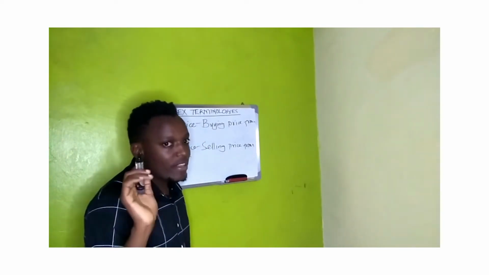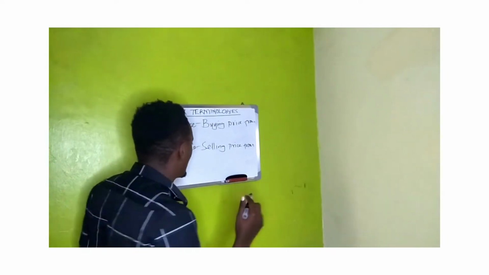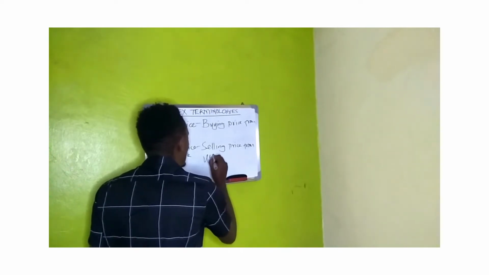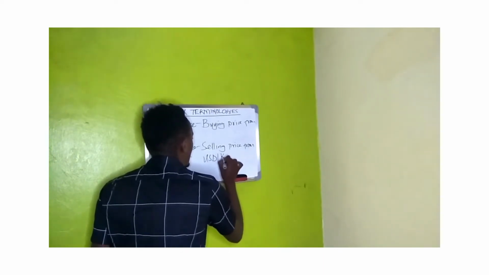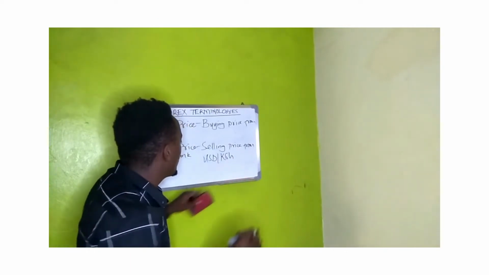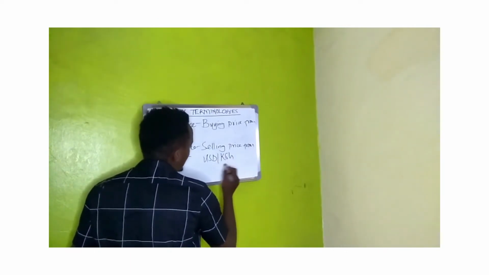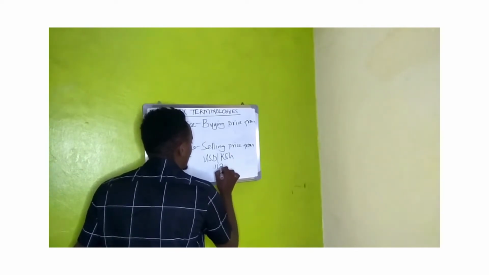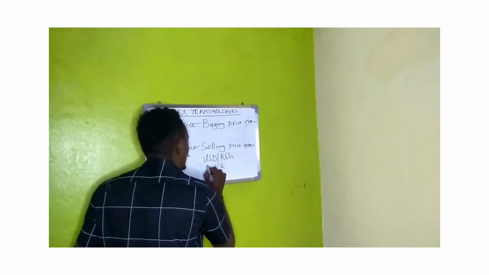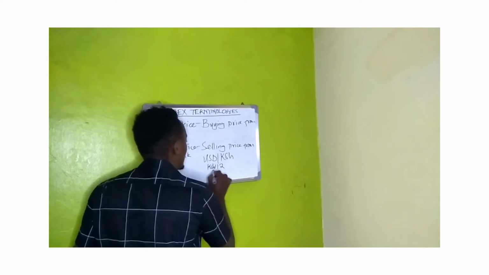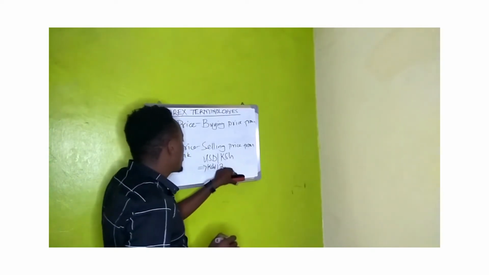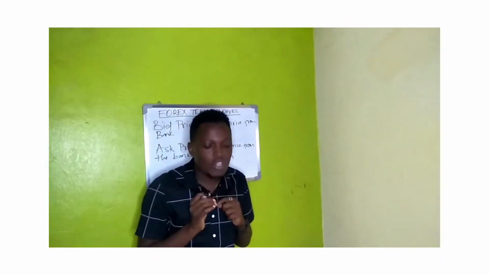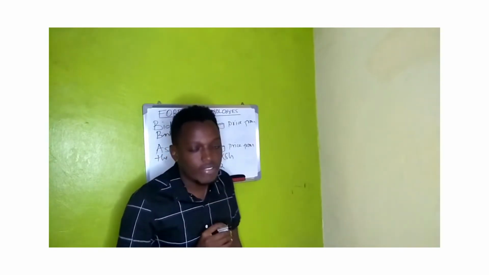They are going to buy that dollar from me, and the exchange rate they give me in Kenya shillings, let's assume, is 112. They are going to buy that $1 from me at the price of 112.